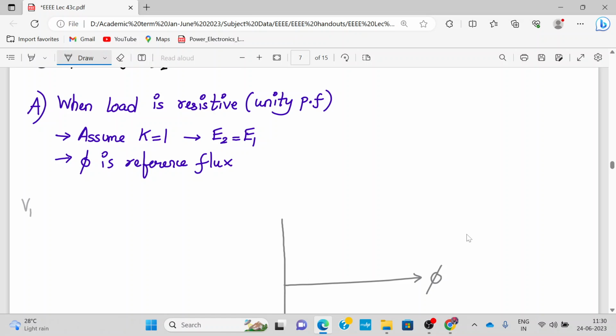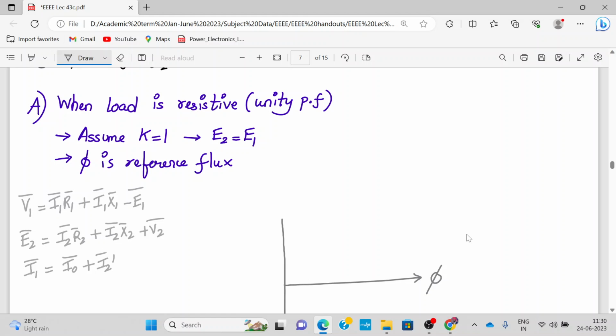V1 bar is equal to I1 R1 plus I1 X1 minus E1 bar. Then E2 bar is I2 R2 plus I2 X2 plus V2 bar. And I1 is I0 plus I2 dash.